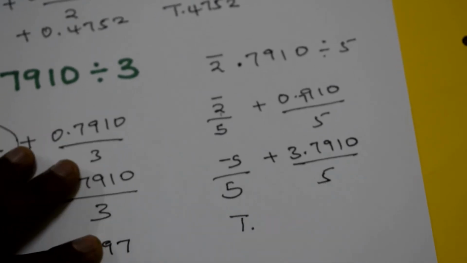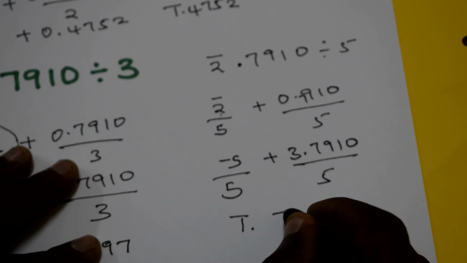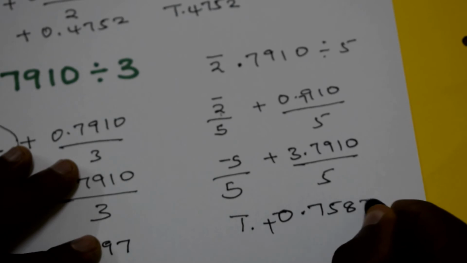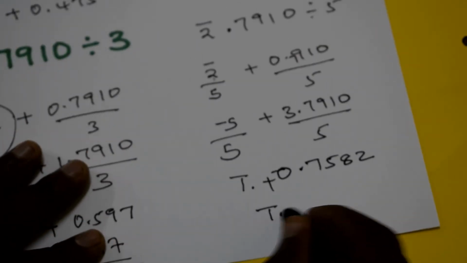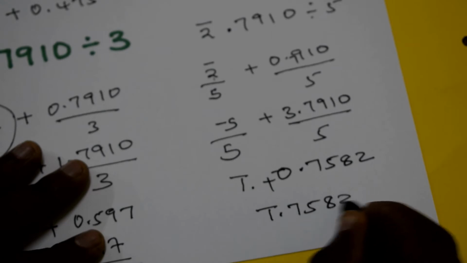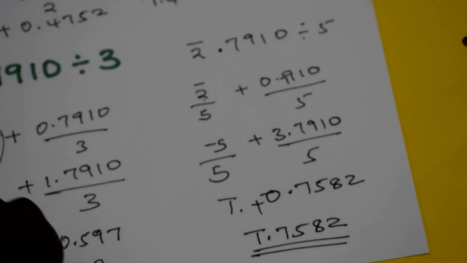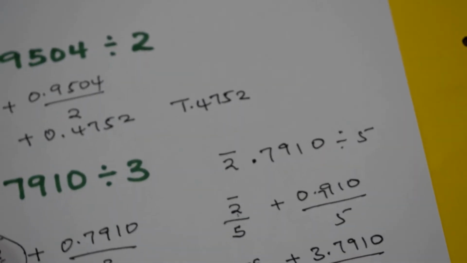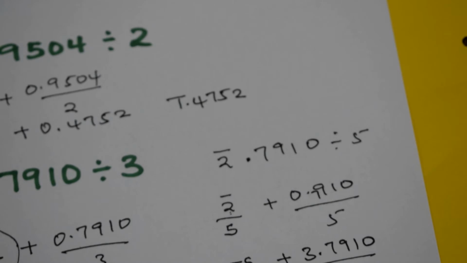Then we divide by 5. This gives us bar 1 point, and then we have 3.7910 divided by 5. This is going to give us 0 plus 0.7582. Then the answer will be bar 1.7582. So it is good to know what to do to make sure these numbers are divisible. Otherwise, that's how we divide. We are going to continue with more examples as we proceed so that you can see the application.